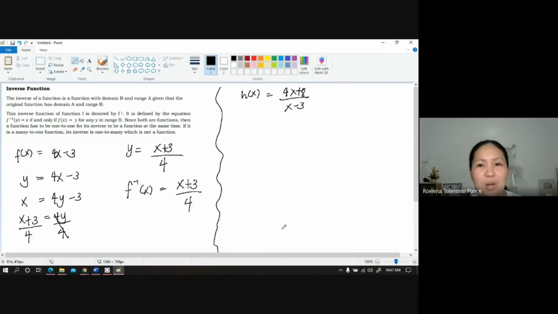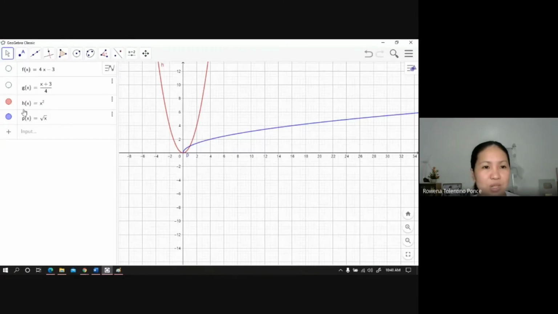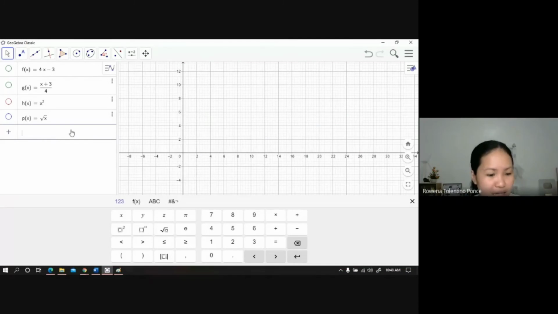Sometimes, kapag naging quadratic siya, hindi siya nagiging 1-to-1. So depende sa exponent ng x, depende kung anong klase yung polynomial. Hindi siya pare-pareho. So, you have to check first if that is a one-to-one function.